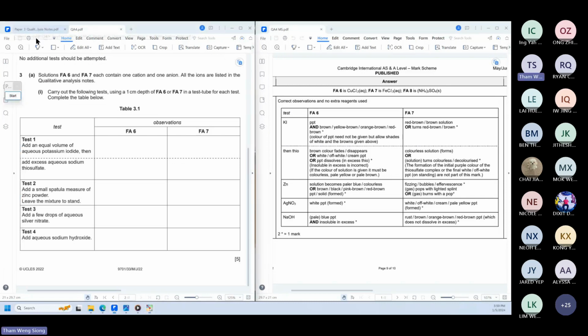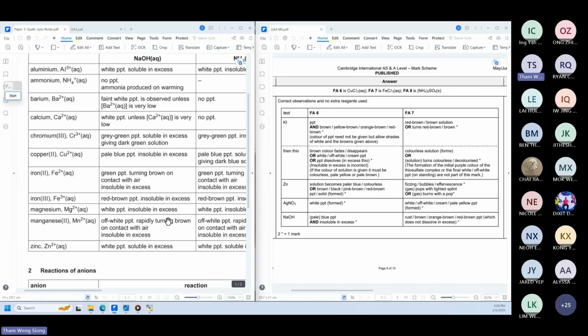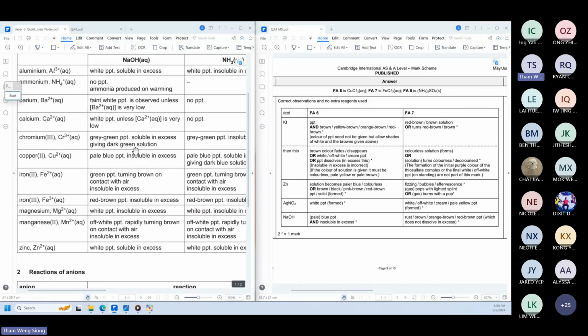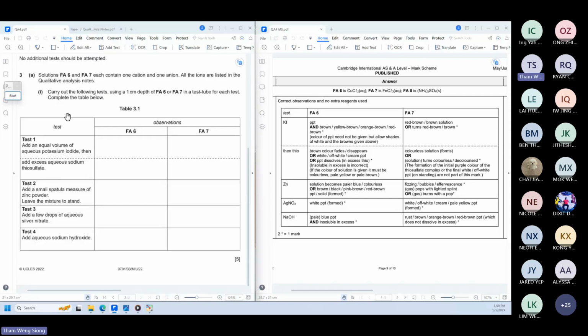So this one is red-brown precipitate, and the other one is pale blue precipitate. Okay, sorry. Pale blue PPT insoluble in excess. Red-brown PPT forms, insoluble in excess. Okay, I hope all of you got this.